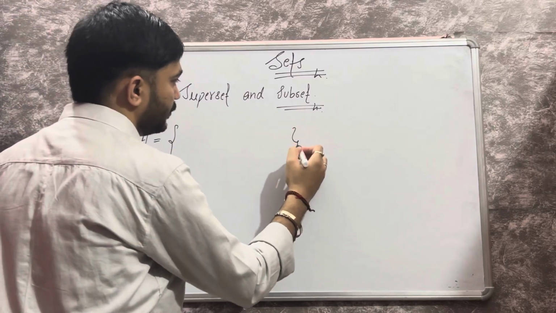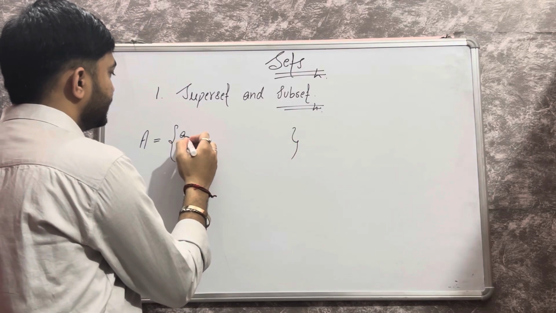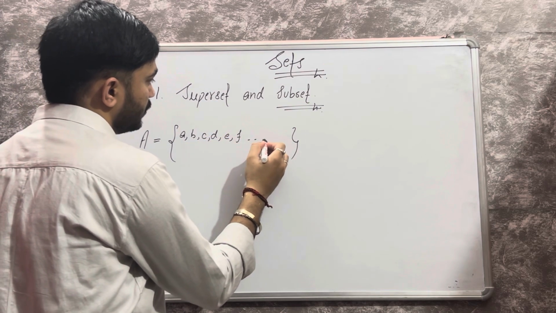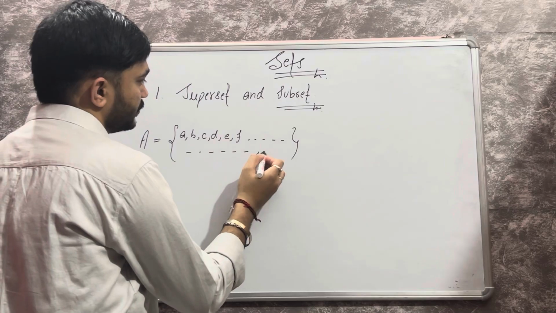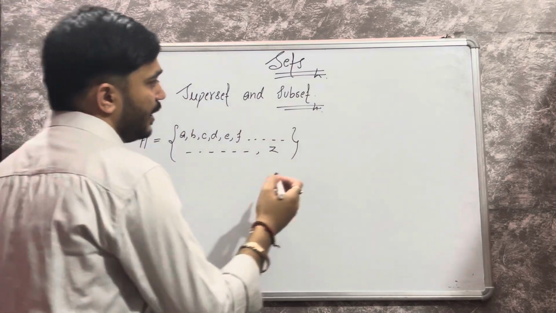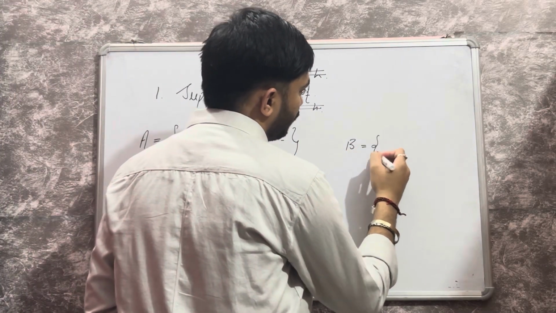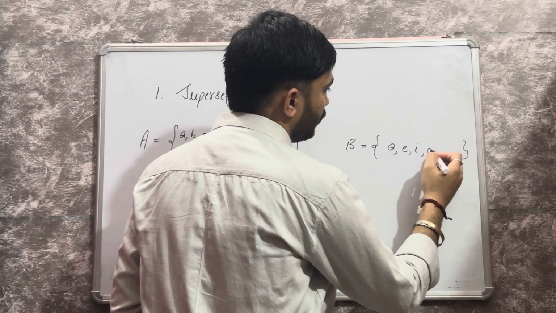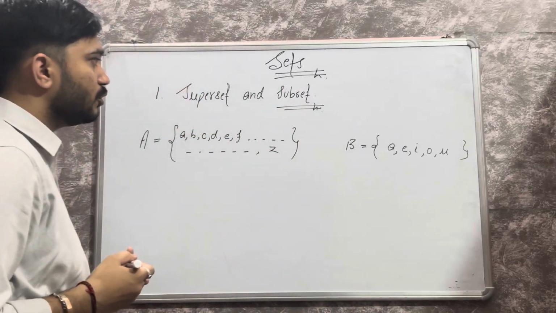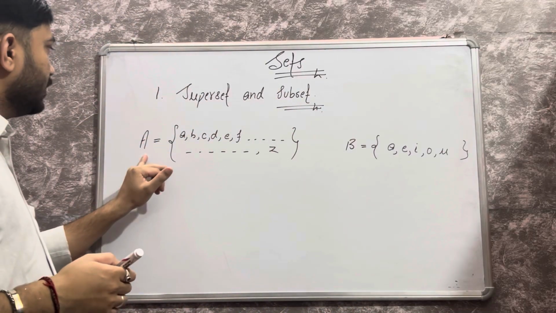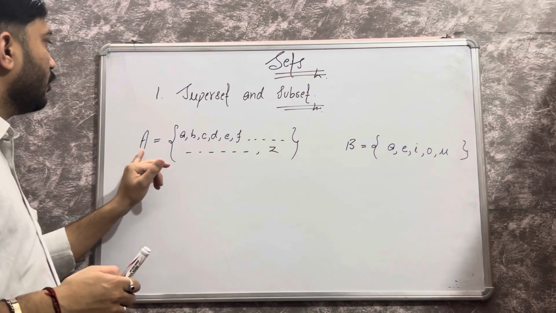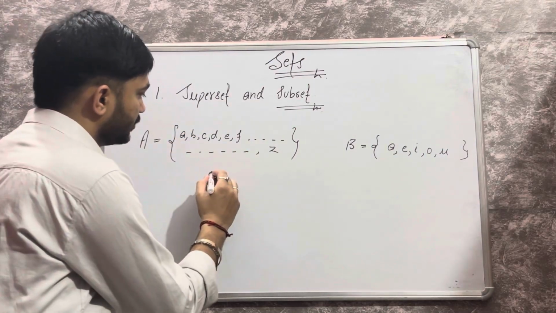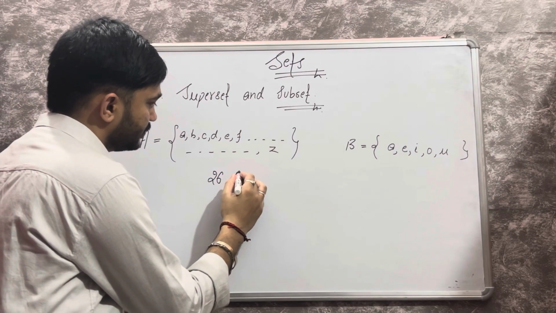Let set A be a set of all the alphabets of the English language, A to Z, and B be a set of vowels of the English language: A, E, I, O, U. So you can see that A is the set of all the alphabets of the English language, so there are going to be 26 elements.